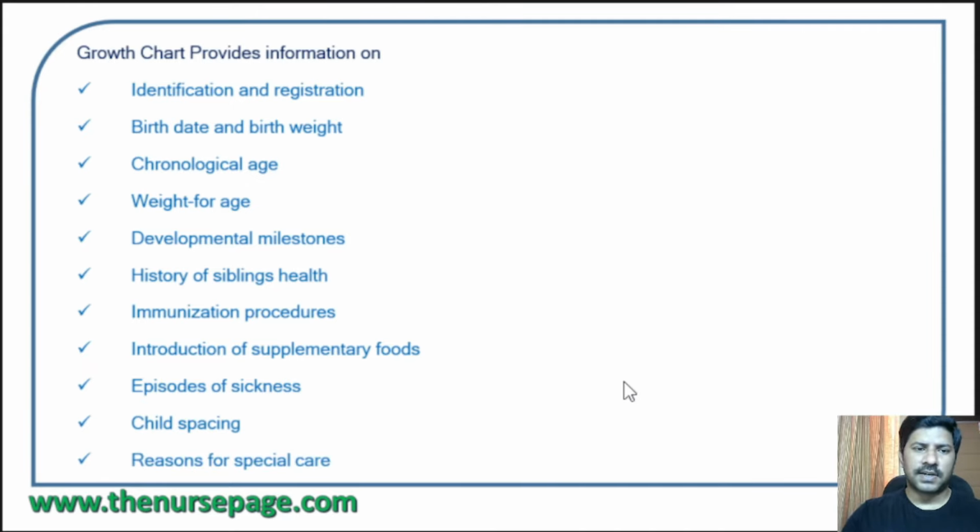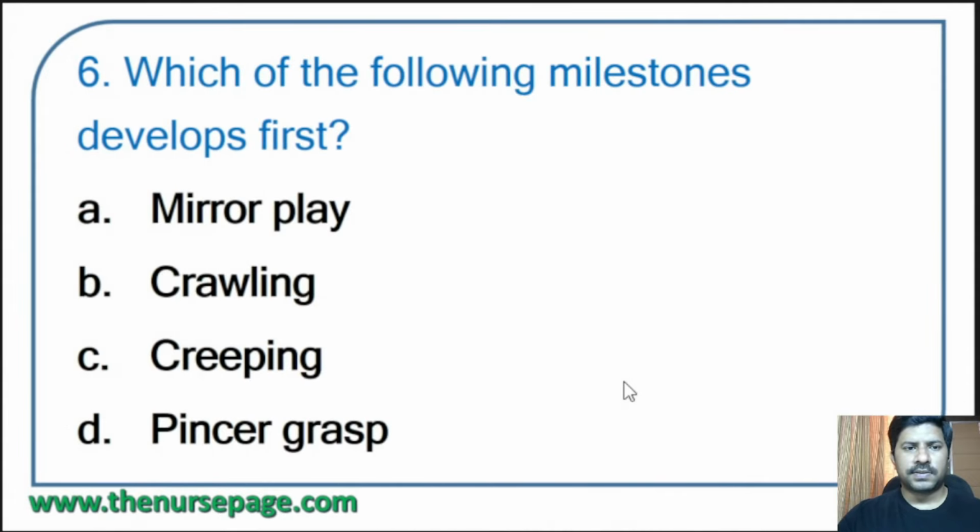So these are included in road to health chart. So maternal health history will not be included in this road to health chart or growth chart. So we will go to next question.